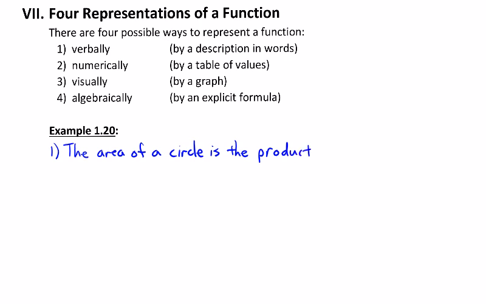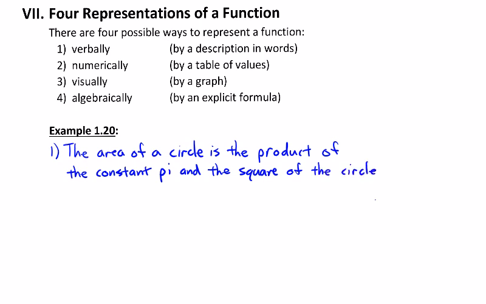Product means it's going to be a multiplication, and I need to describe what things you're going to be multiplying. It's going to be a product of the constant pi and the square of the circle's radius.